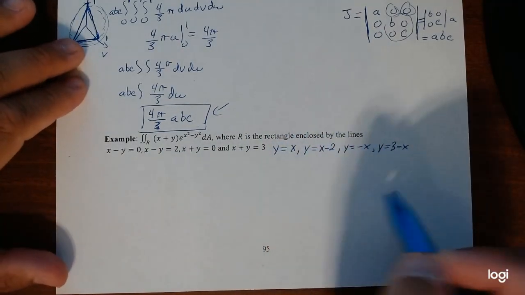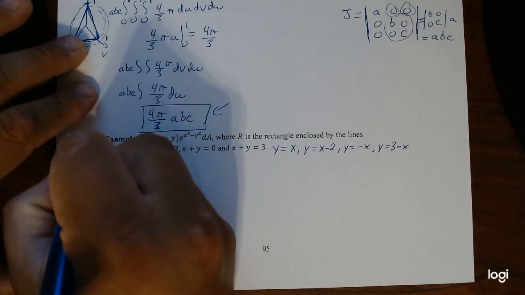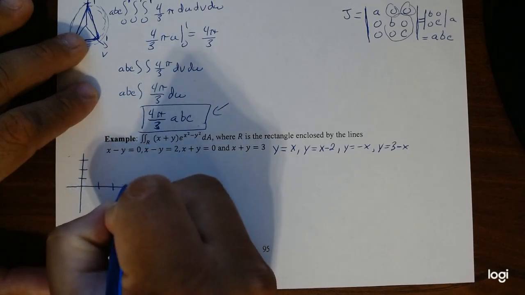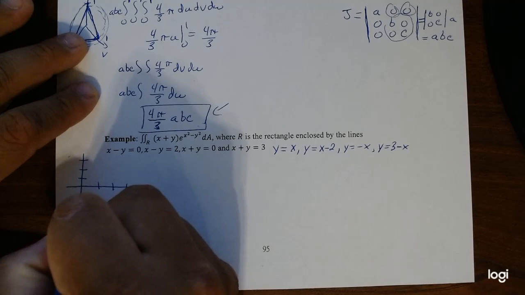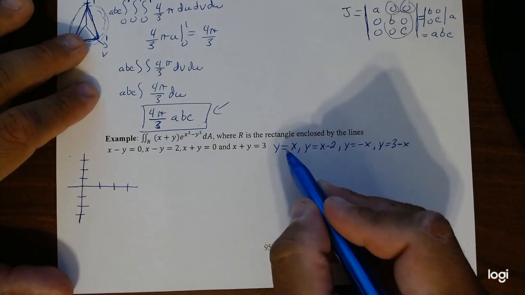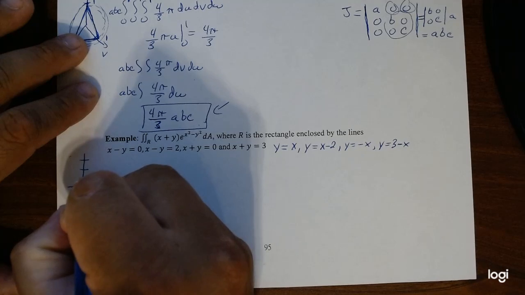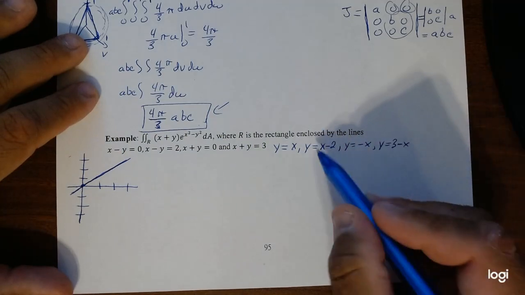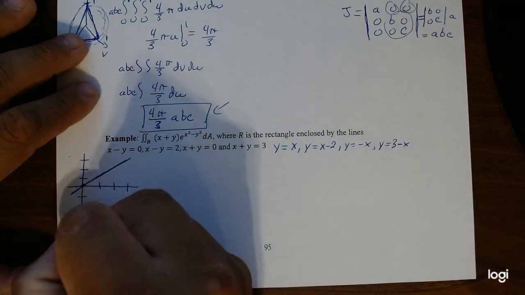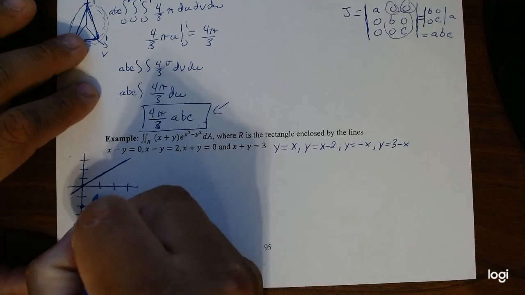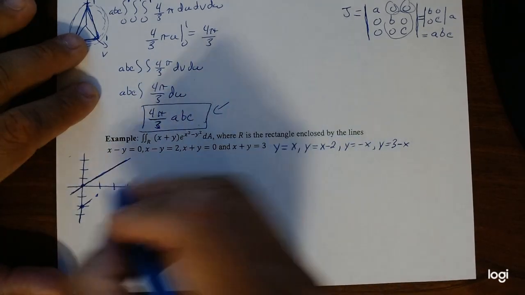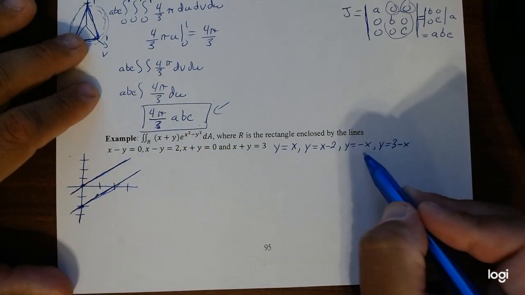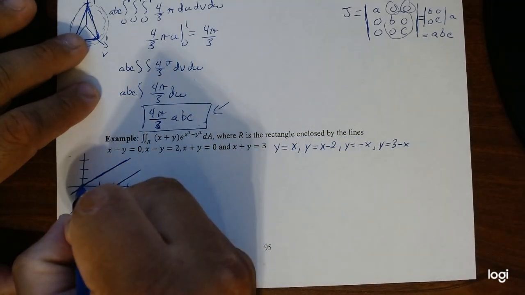Or not the transformation, the actual curve. So going from xy. Okay, y equals x is just a straight line going in this direction. y equals x minus 2 starts at negative 2 and goes up 1 over 1, so kind of like this. y equals negative x just goes the opposite direction, so it goes down here instead.